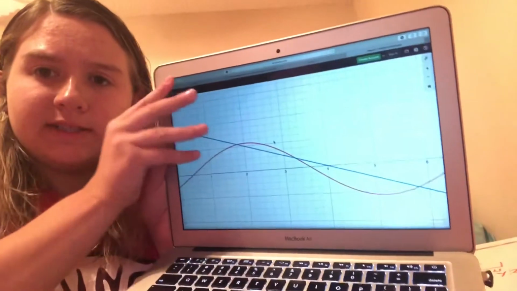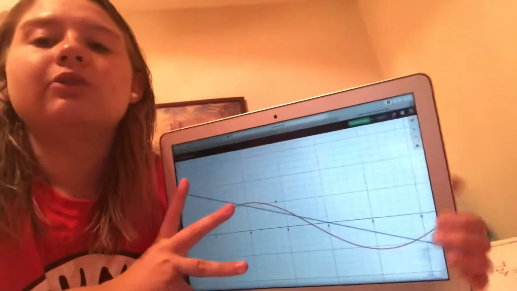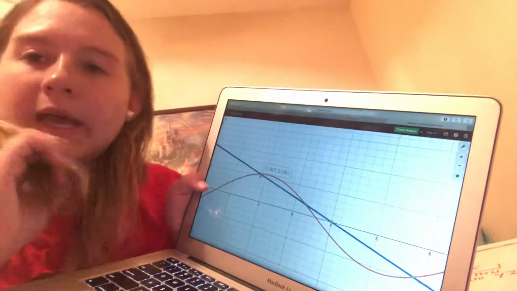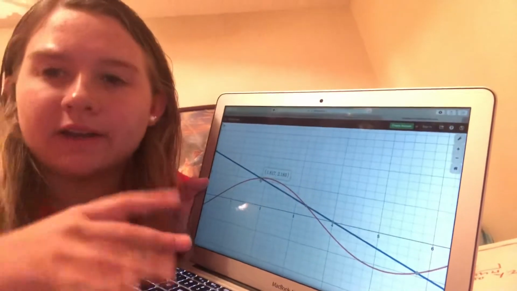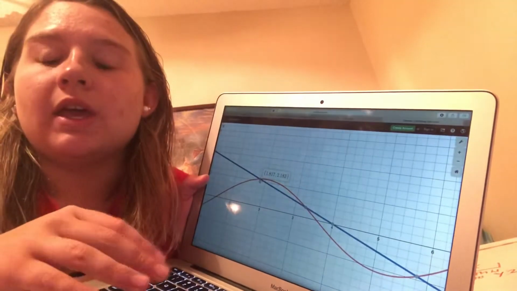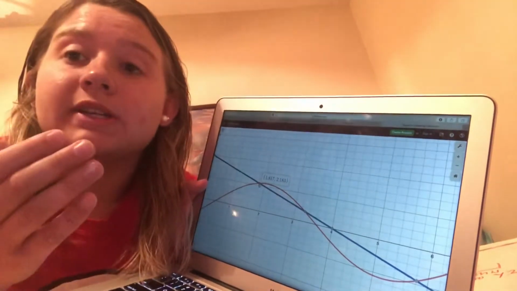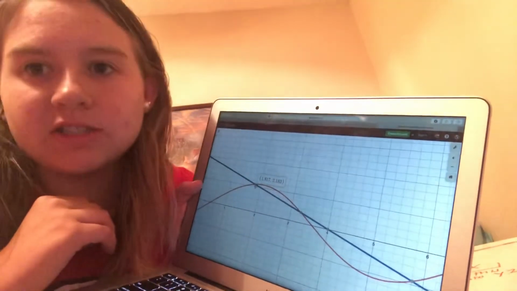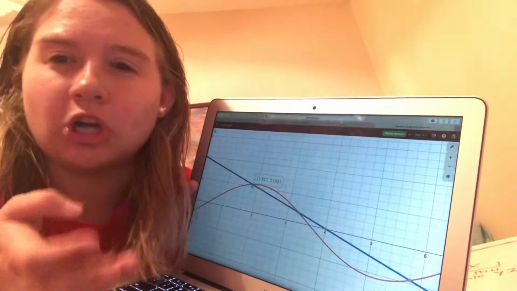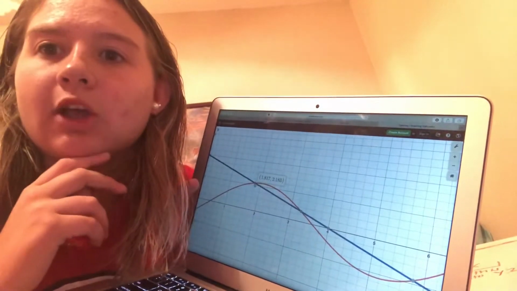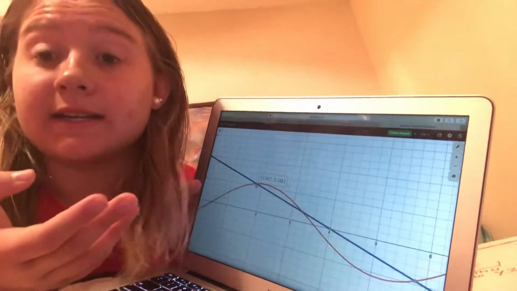Since I am using Desmos, I will show you how to do it with this. If you hover your cursor, you can put a point there. They're just estimations, so if your friend's answer is a tenth or hundredth of a decimal off from yours, it's not a big deal because they're not exact answers.